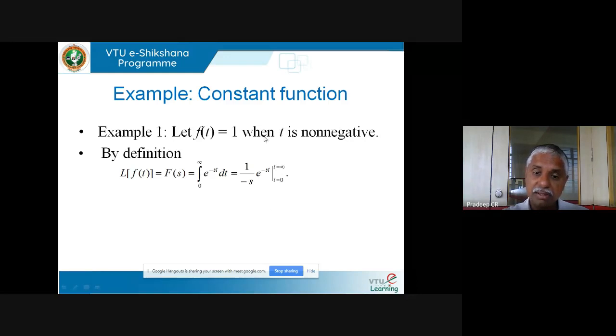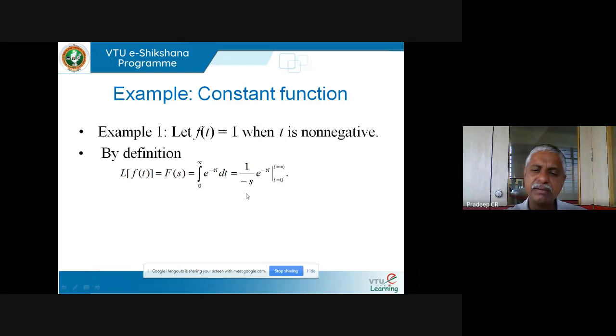Here I'm integrating with respect to t, so I can treat s as a constant, in the sense that s is not dependent on t. s is not really a constant, s is not dependent on t. So the integral of e power minus st is e power minus st divided by minus s, with integral limits between t equal to 0 and t equal to infinity. I hope this is clear.